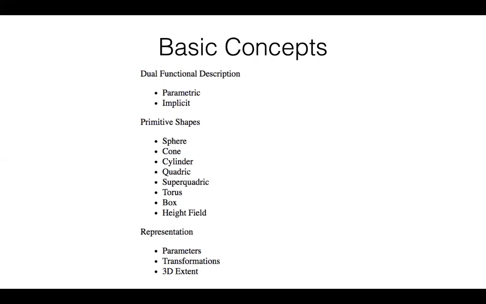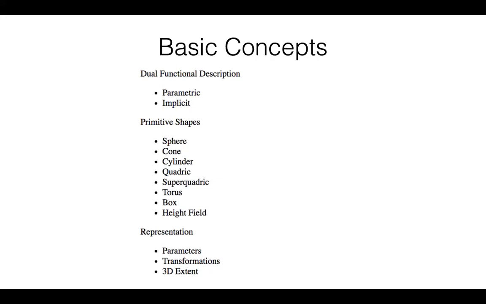And then because it's a primitive system, we have a collection of primitive shapes in the context of the family of objects that we want to model and manipulate, and if it's a CAD system, to design and build, right?